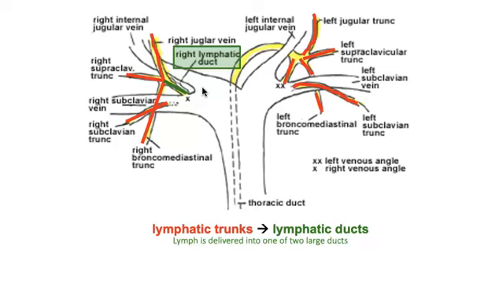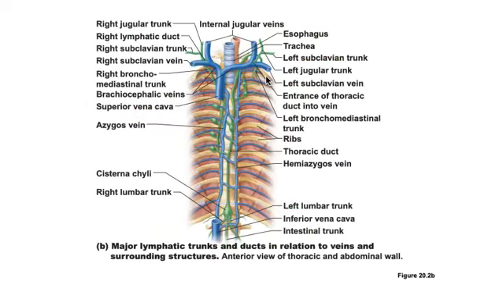And then here we see the left side. So all of the left trunks drain into the thoracic duct, and then that duct is going to drain into the junction. Actually, I should have had that green line continue on over here. That junction between the left subclavian vein and the left internal jugular vein.